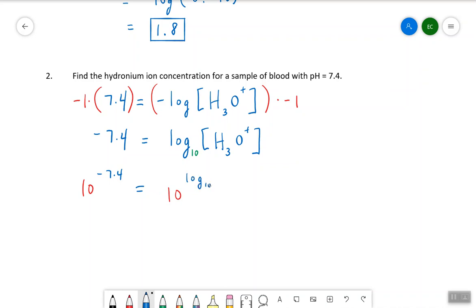And I'll write in the base 10 on the log just for emphasis here. And so over here on the right side, the base 10 in the exponential and the base 10 in the log cancel each other out. And we're just left with the hydronium ion concentration that we're looking for.